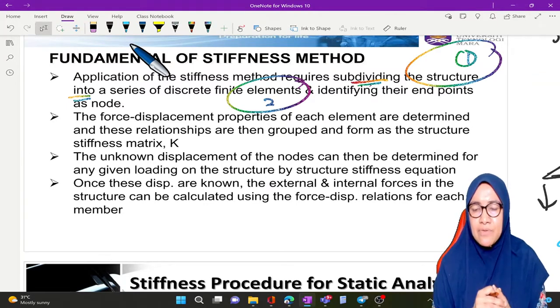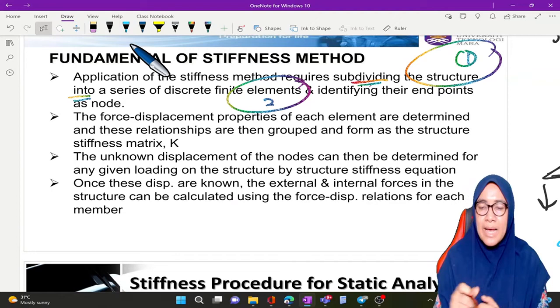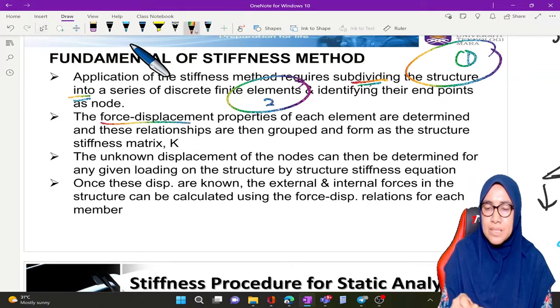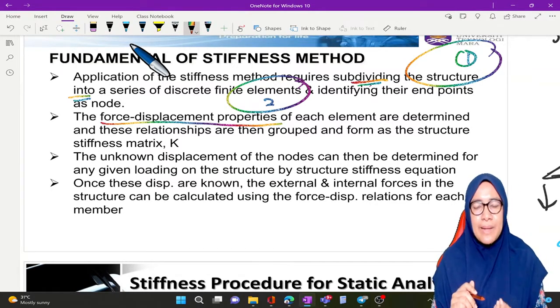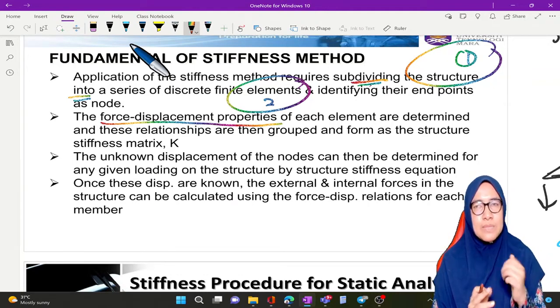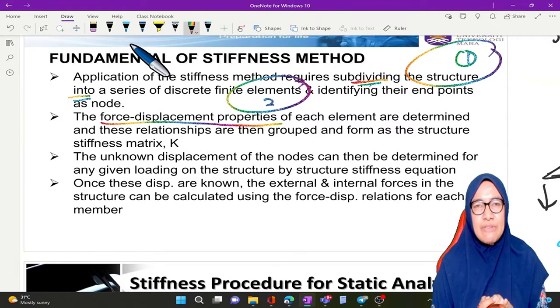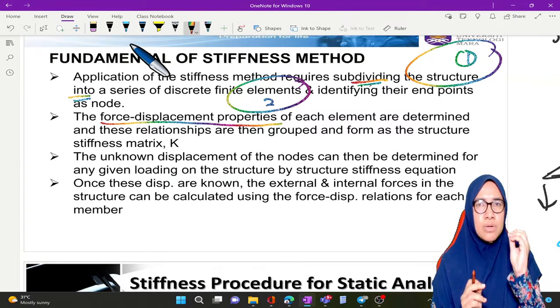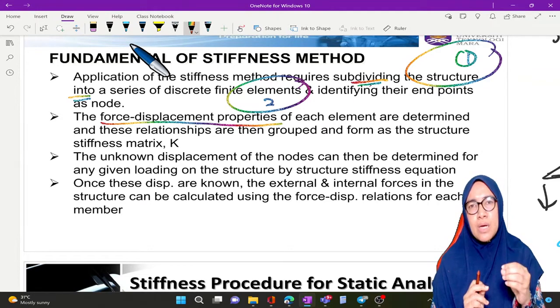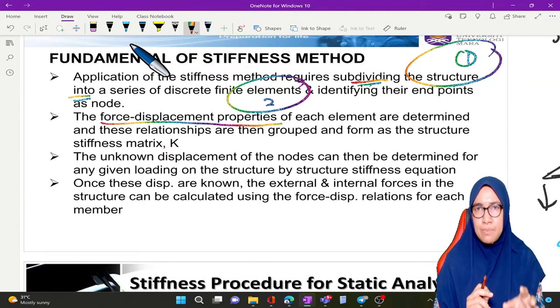After that, we apply the force displacement properties. In the software, force displacement properties refer to support. We have to label and put the support, whether it is fixed support, roller support, or pin support.